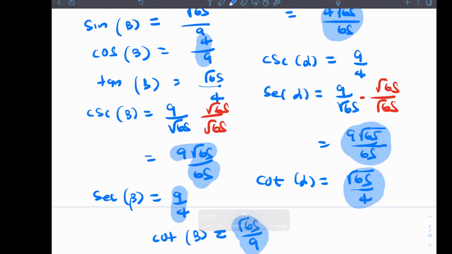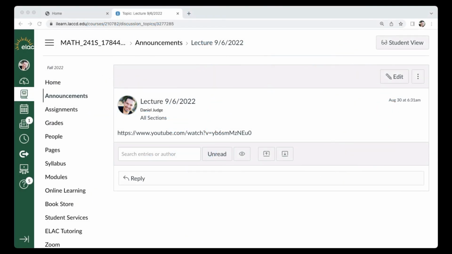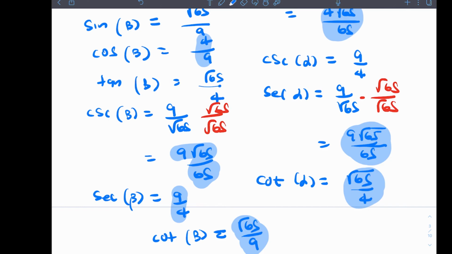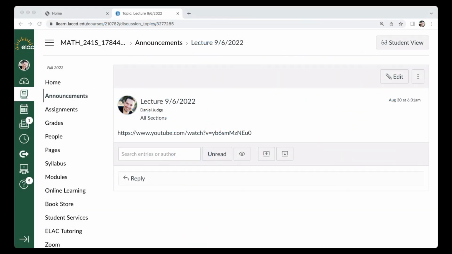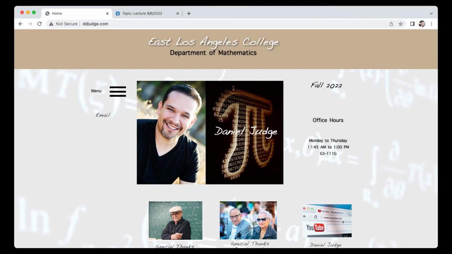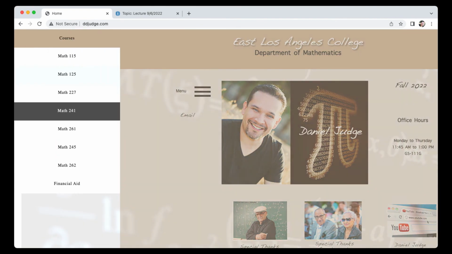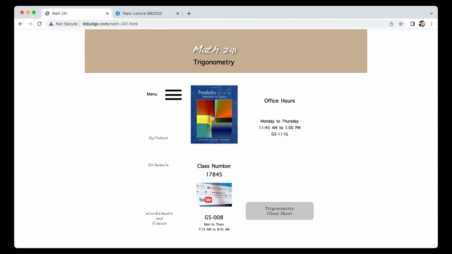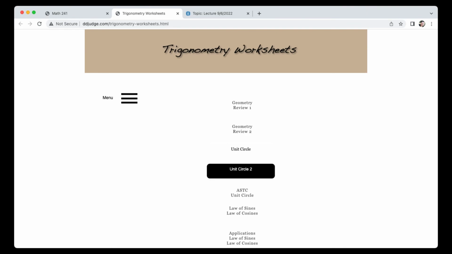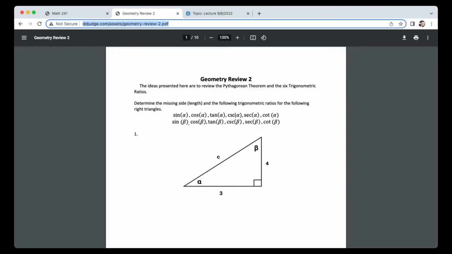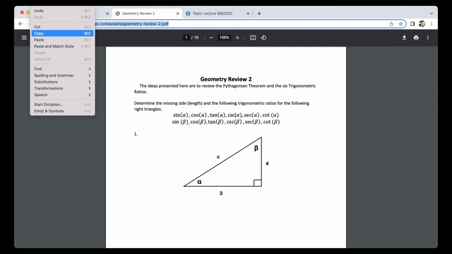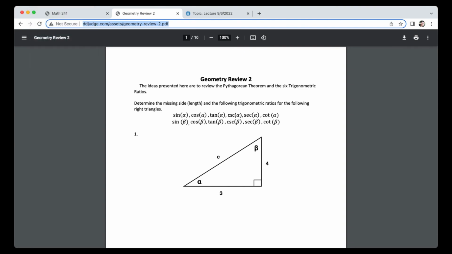Now, what's the title of this? Do you guys remember? Yeah, let me try to get back to browser. Let's go back. This is going to be in Math 241, by the way. Got worksheets and videos. This is Geometry Lecture actually 2. So did I already assign that to you guys already? I might have.